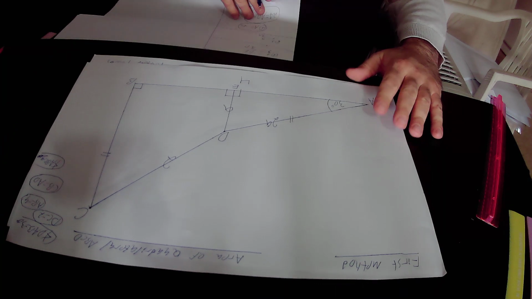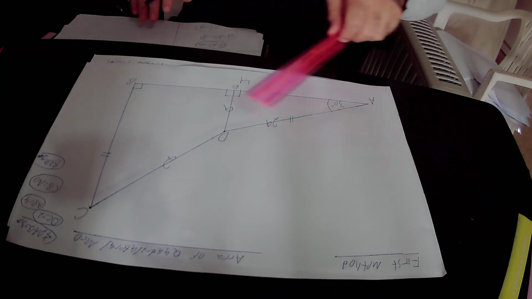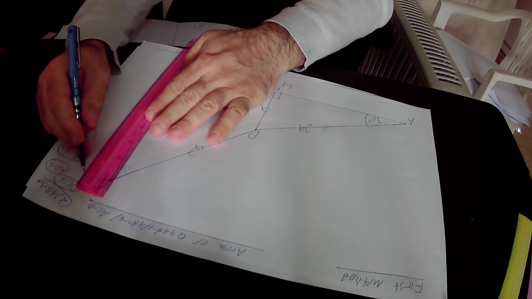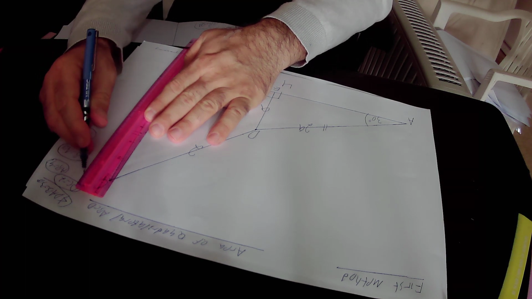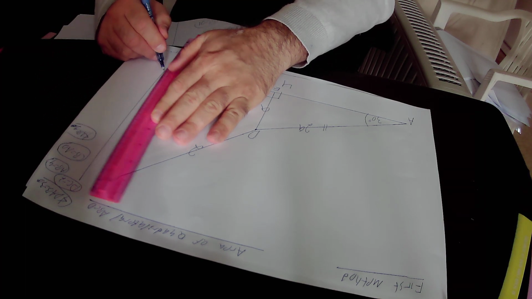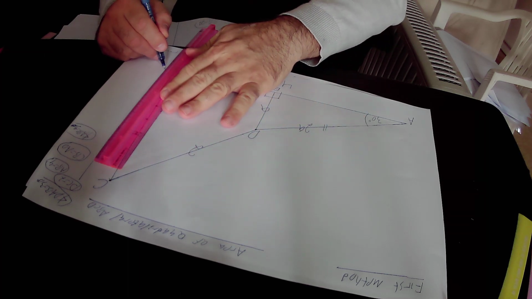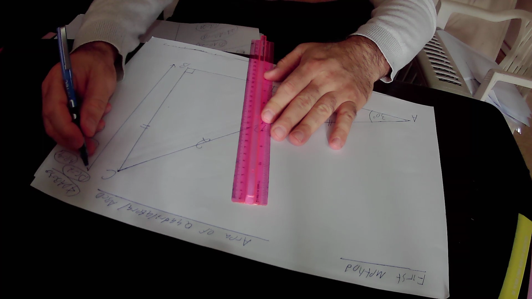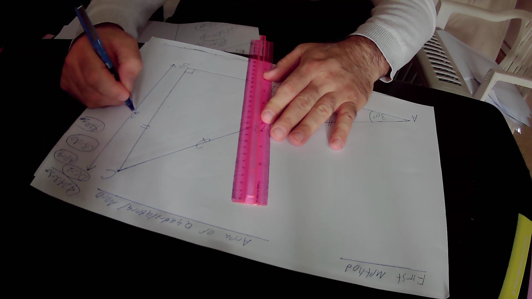So we can write here that the length of side CB is equal to 2A units. CB equals 2A.